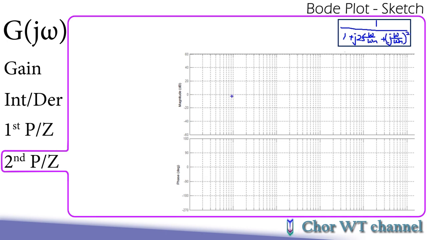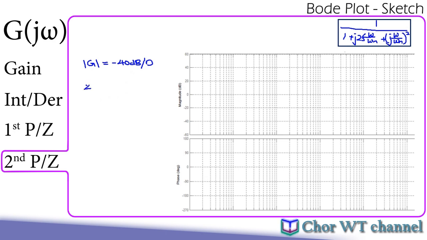While the plots greatly depend on the value of zeta, we are going to use a simple approximation over here, which, by using the principles that we have introduced earlier for the first order pole, we can simplify the expression of g becoming a straight line of negative 40 dB per decade after omega n.